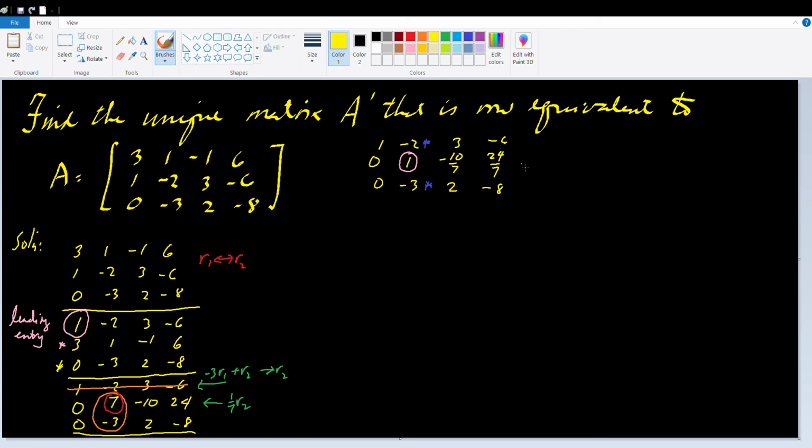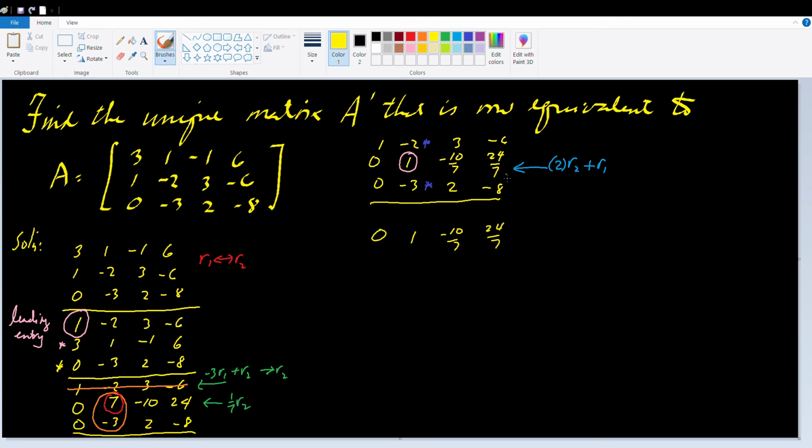So we multiply row 2 by, let's start with negative 2, so the additive inverse is positive 2. Then add it to row 1. So 0, 1, negative 10 over 7, 24 over 7.